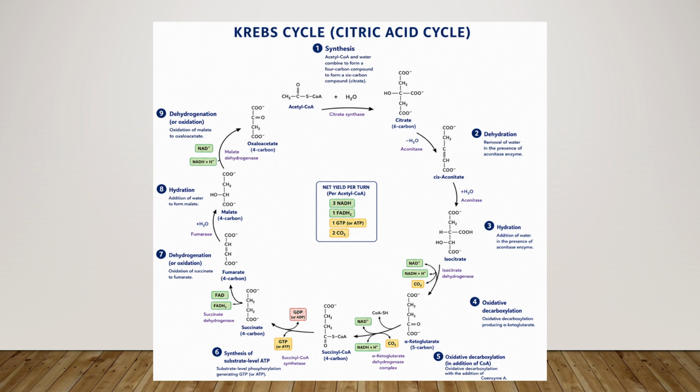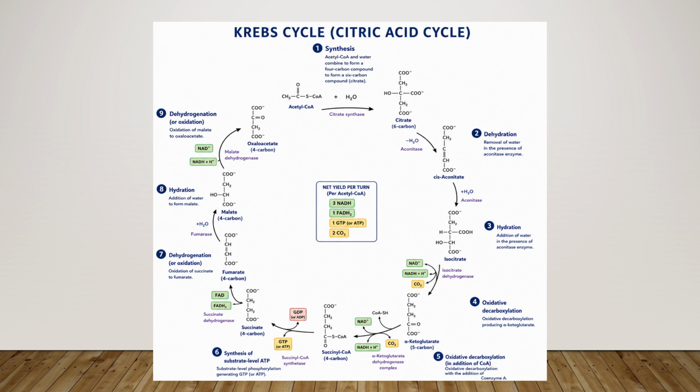And students, after the formation of succinate, which is a 4-carbon compound, ATP or GTP is also released, right? It means succinyl coenzyme A is converted by the removal of coenzyme A, and then ATP is produced, which is an energy molecule.